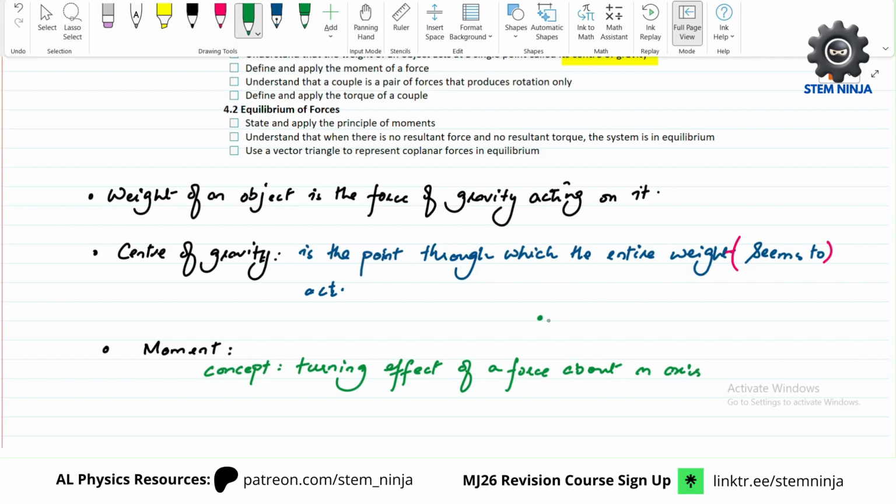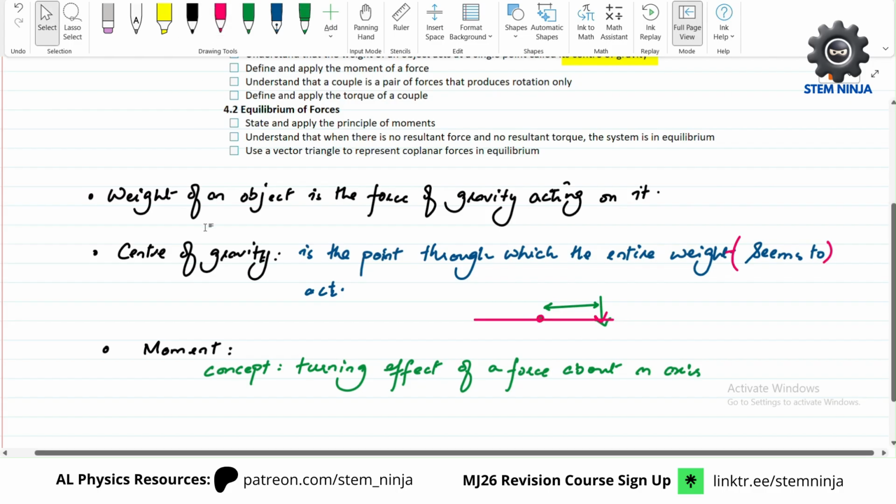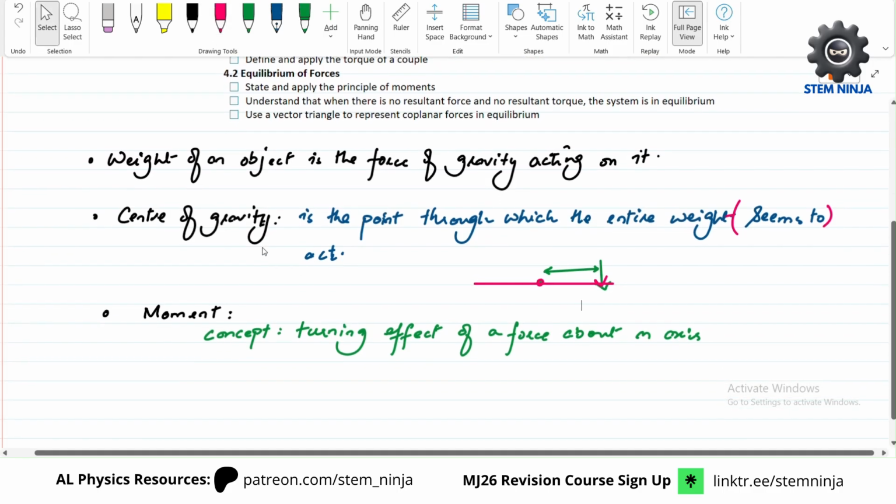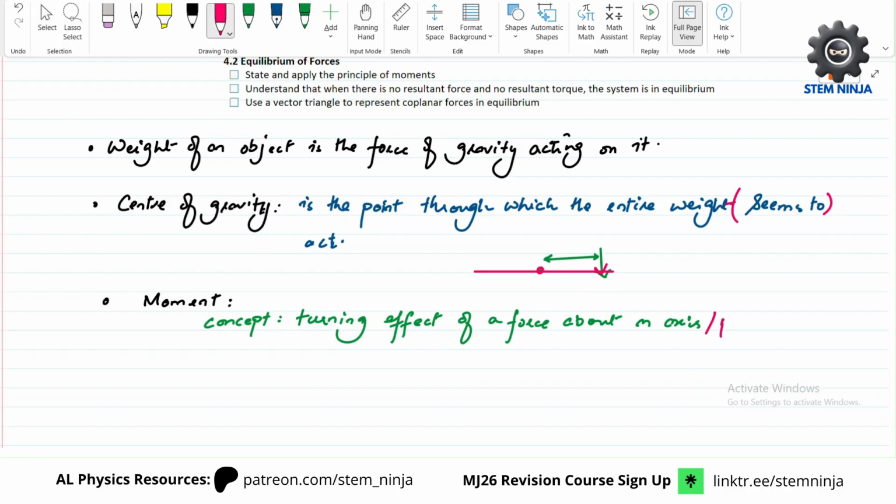The axis could be any point, and the force could be acting about it. This can be the distance between the line of action of force and the point. So if the force is acting and there is some axis, a point, there is going to be a turning effect of that force. We also call this the pivot.